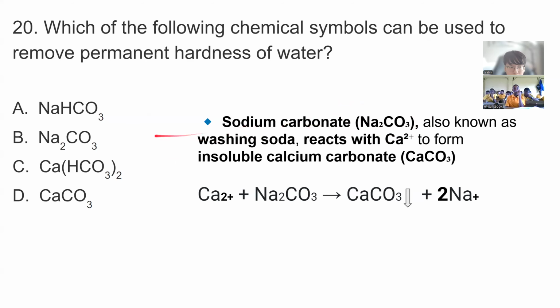It's called sodium carbonate. The answer is B, which is also called washing soda. And by using sodium carbonate, Na2CO3, we can remove the hardness in water.